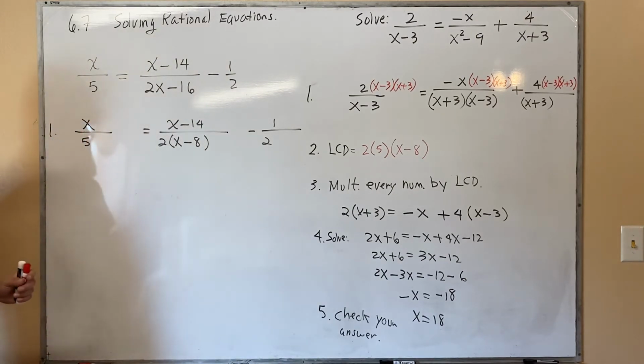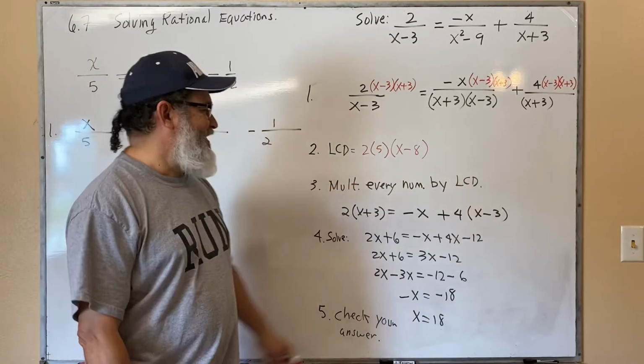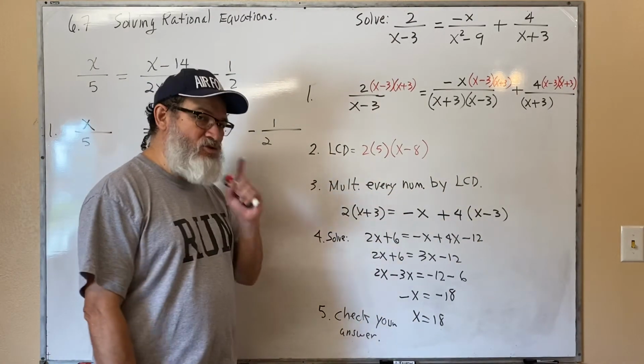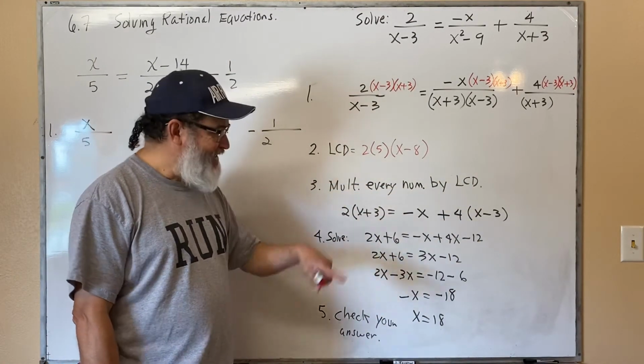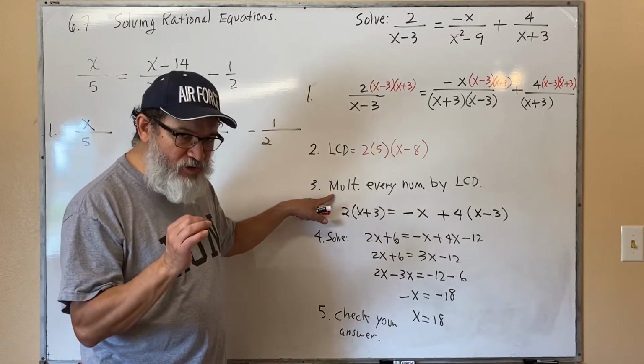Step number 3, multiply every numerator by the LCD. When you do this, basura may be introduced. This is the step where basura may be introduced.